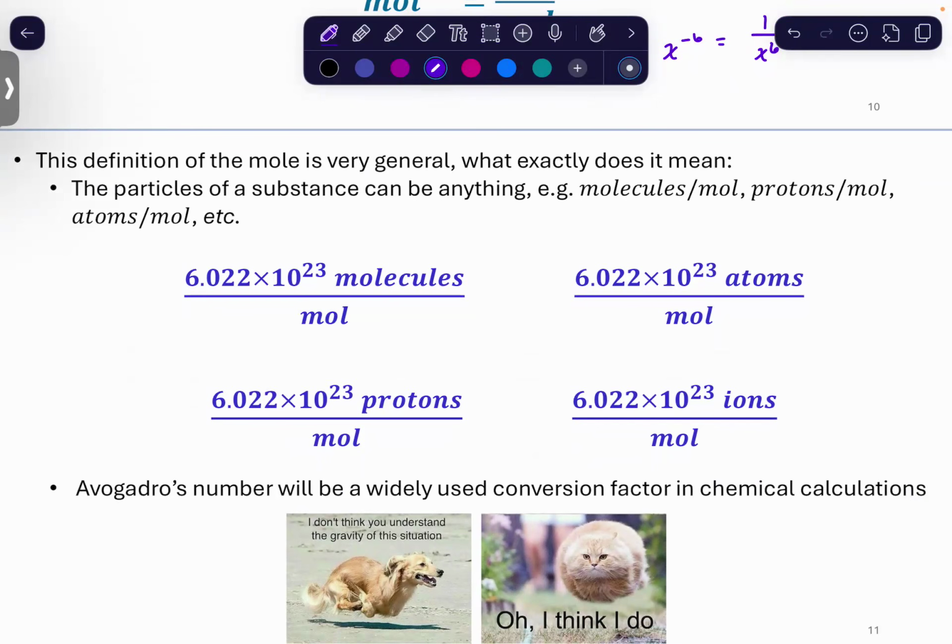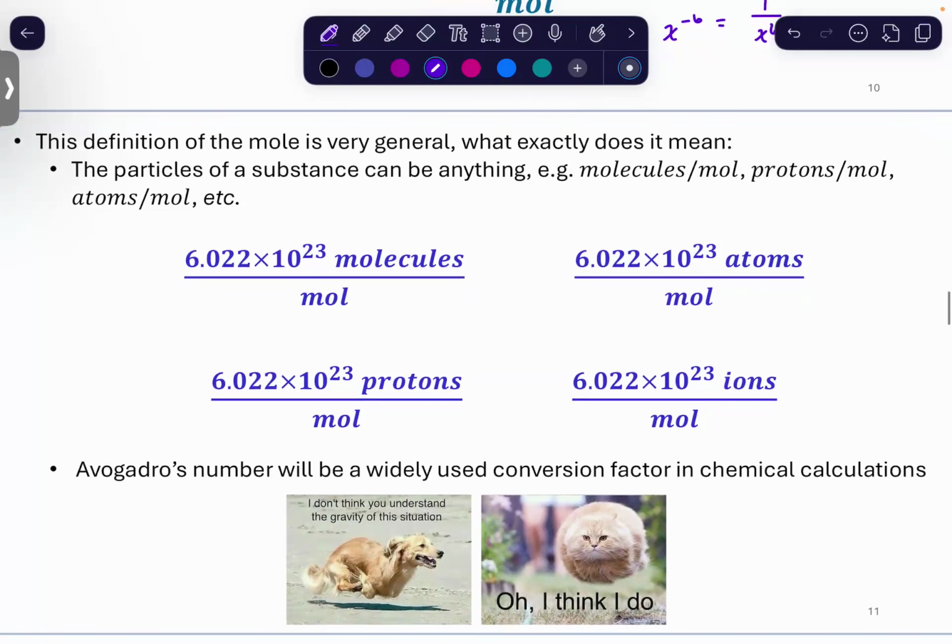So when you're using it, it could be 6.022 times 10 to the 23rd molecules per mole of molecules, 6.022 times 10 to the 23rd atoms per mole of atoms, or 6.022 times 10 to the 23rd protons per mole of protons, and so on and so forth. It's Avogadro's number of something per mole of that thing. This is a very widely used conversion factor in chemistry, so make sure you're getting used to this.